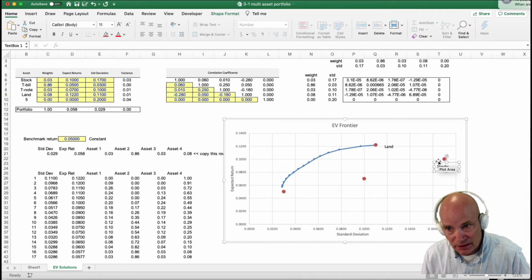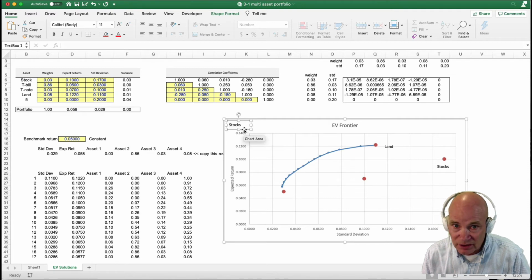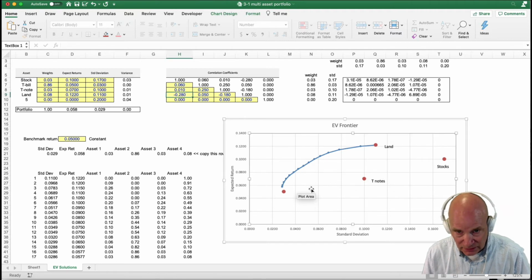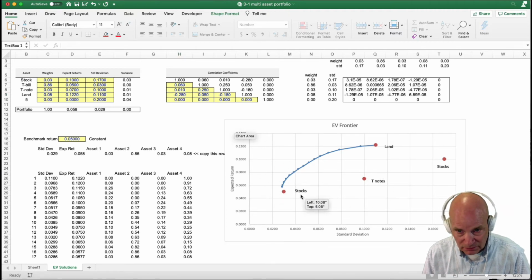So you combine the two, you get some diversification benefits, which is often the case with real estate. Here's T notes. And our last one is T-bills. So that's what we expect.